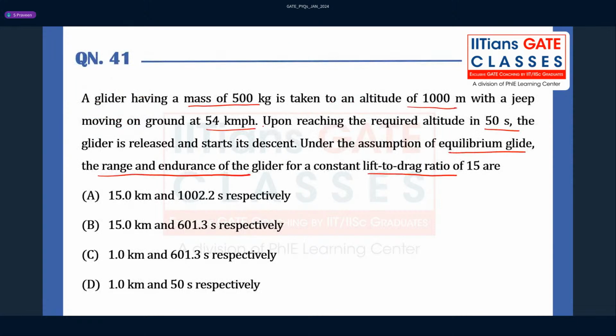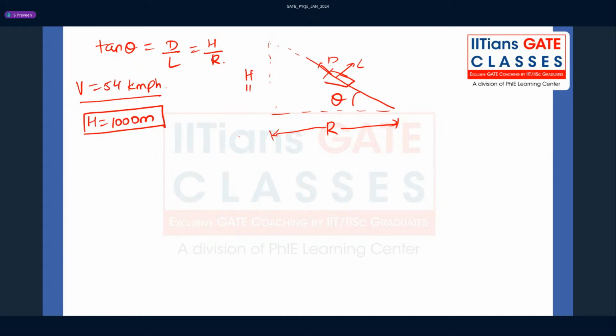It says it reaches the required altitude in 50 seconds. First let's convert this. You will convert 54 to meter per second by multiplying by 5 by 18, so this goes three times. So this will be 15 meter per second. Let's keep that aside.